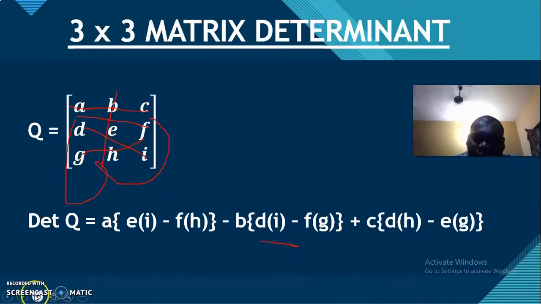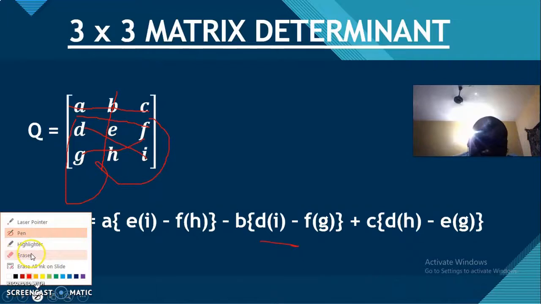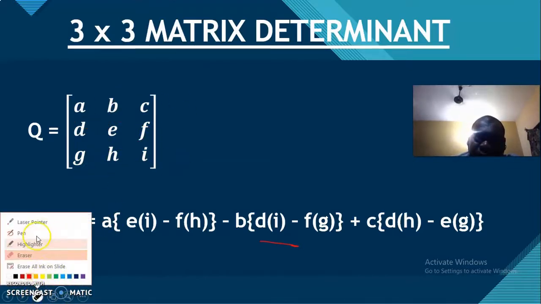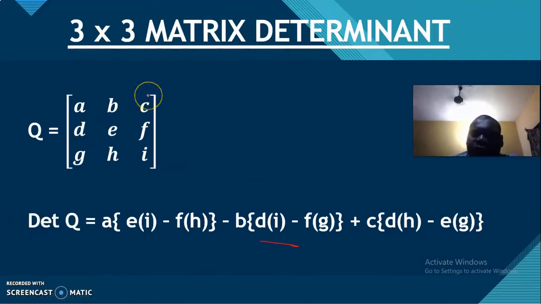For C, we are going to do the same. You can also pause the video to work it out by yourself. For C now, we are going to cancel this particular column and make it invisible, and we'll also cancel the first row.